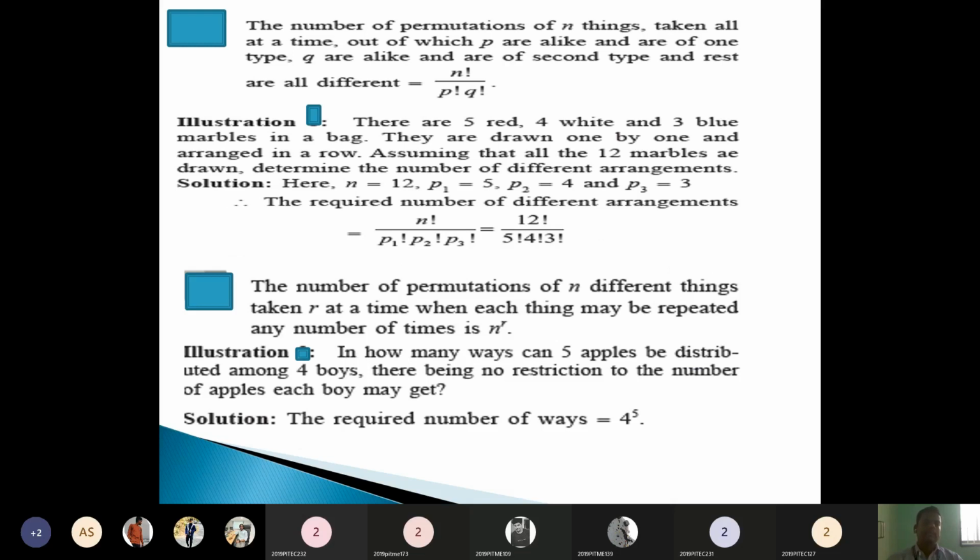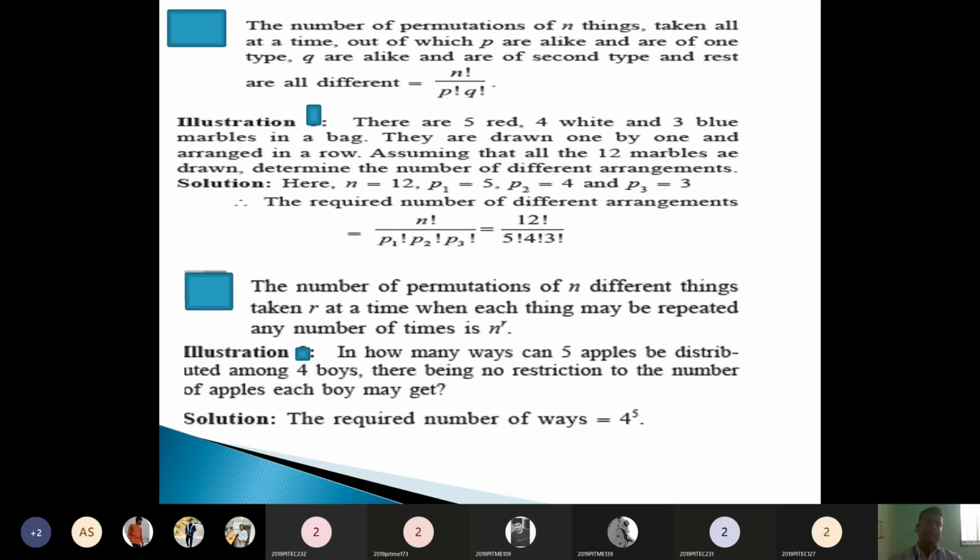Before that, one more concept relevant to permutation. The number of permutations of n things taken all at a time, out of which p are alike and of one type, q are alike and of a second type, and the rest are all different. So we are picking all the objects. n things, or n elements, objects, persons, or letters, whatever it may be, are there.